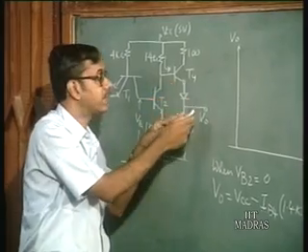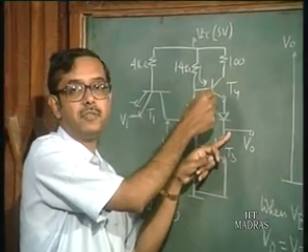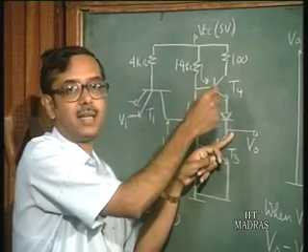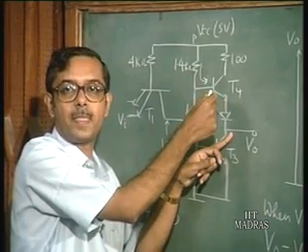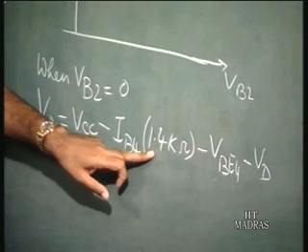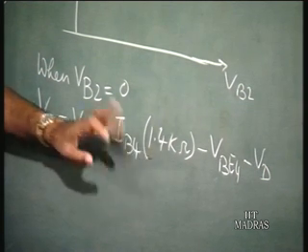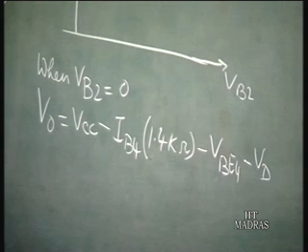Say if you assume that this load current is 1 milliampere, and if the beta of this transistor is 50, then the base current is around 20 microamperes. And 20 microampere into 1.4 kilo ohm would be 0.02 into 1.4, that is less than 0.1 volts.